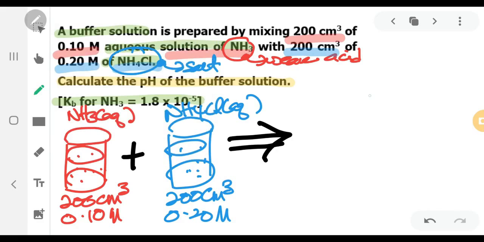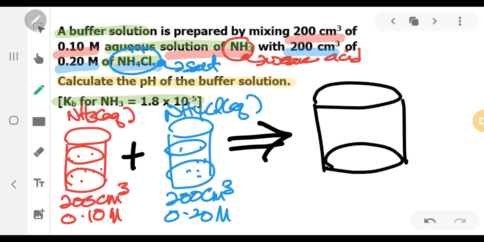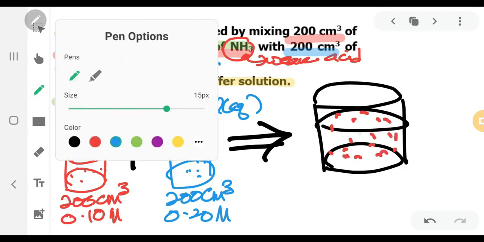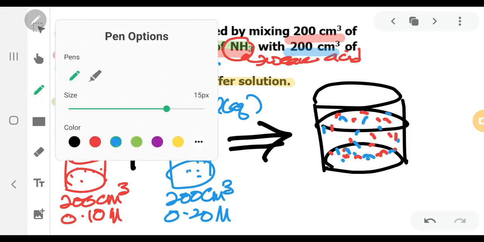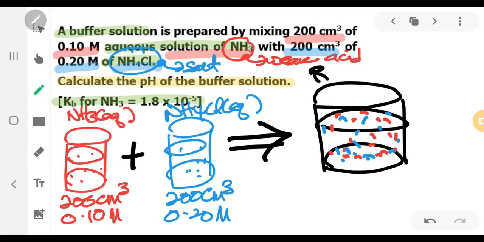So you have a buffer solution. You have the weak base, and you have the salt inside. This is the buffer that we have formed.